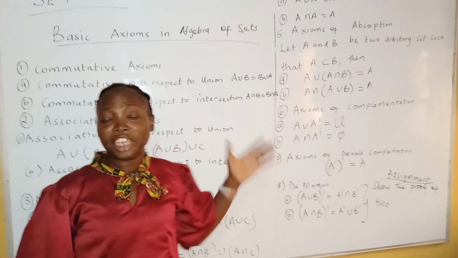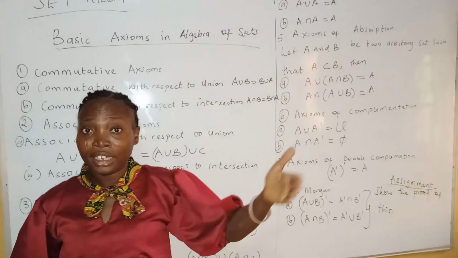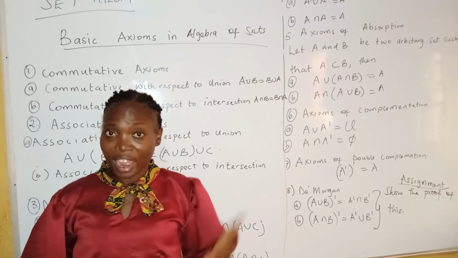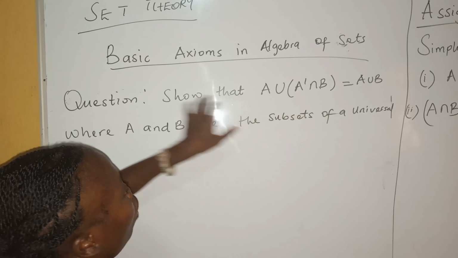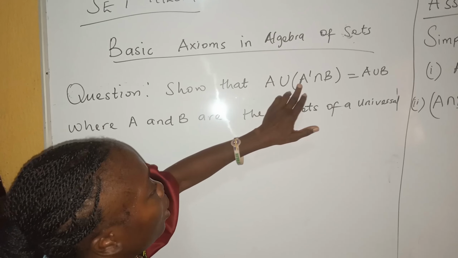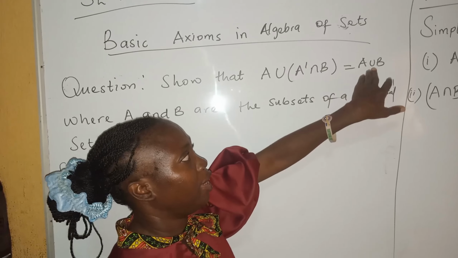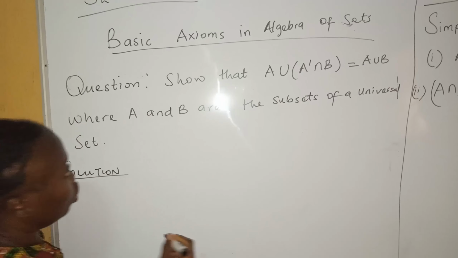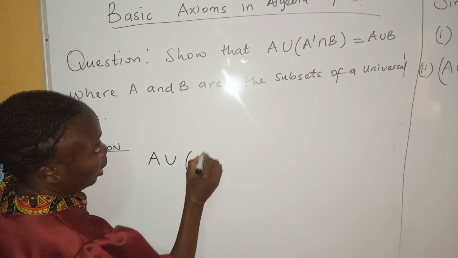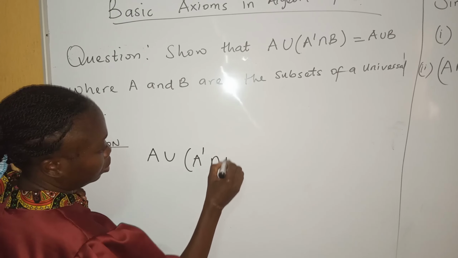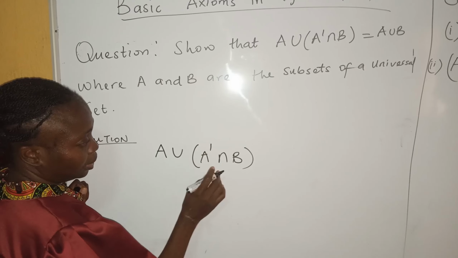We make use of these axioms in simplifying expressions in sets, as we do in algebra when you want to simplify an expression. For example, show that A union (A complement intersection B) is equal to A union B. Solution: A union (A complement intersection B).